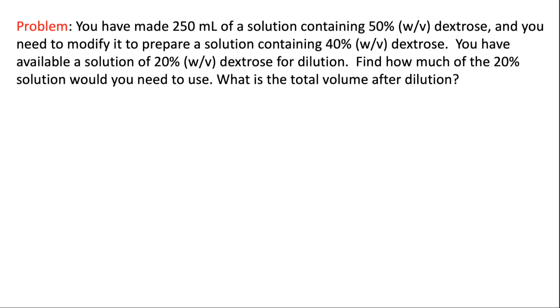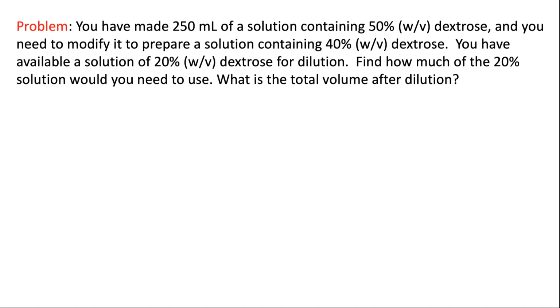So we want to go from 50%, where we have 250 mils of this 50%, we want to lower its concentration. We want to dilute it down to 40% by using a 20% solution of dextrose. So the question asks, find out how much of the 20% solution you would need to use, and by doing so, what would the total volume be after the dilution?